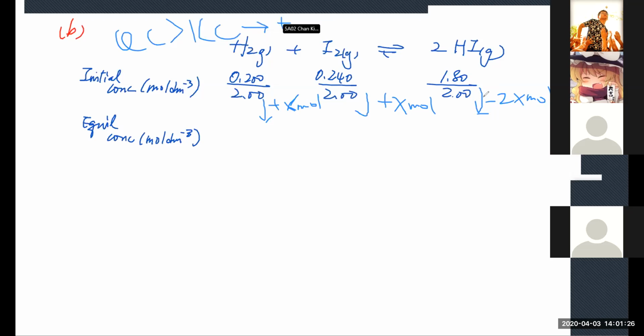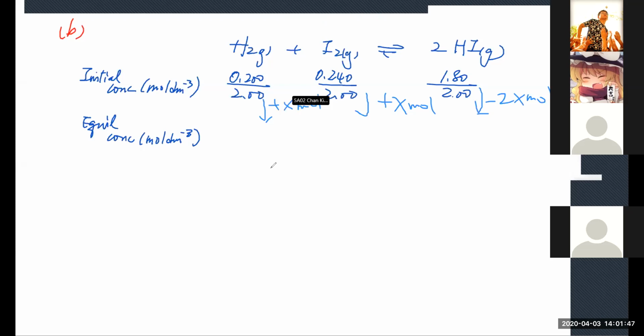So you need to check what? Yes, that's right. You need to check the QC value against KC value. You have to check whether or not QC is larger than or smaller than. And you need to know the concept of net forward or net backward reaction.